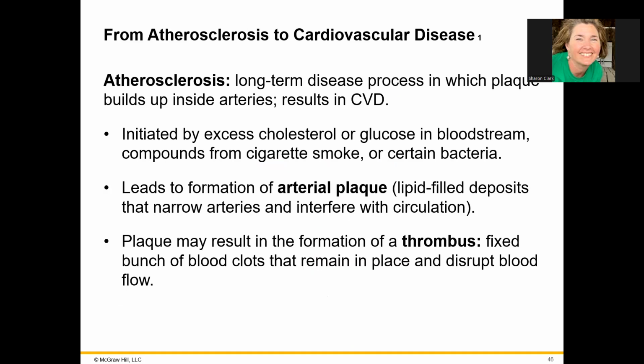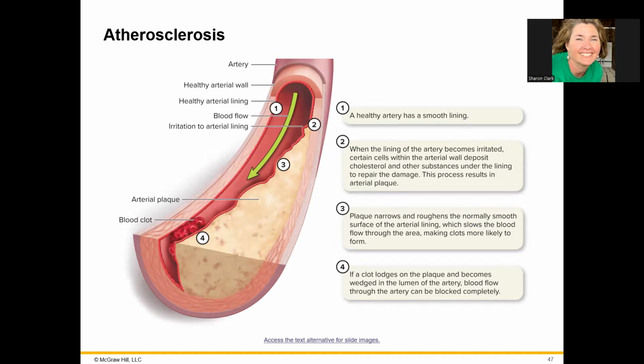Okay. When we look at the interior lumen of an artery, well, first of all, let's look at the term athero, meaning hardening, meaning plaque, sclero, meaning hardening, osis, meaning abnormal condition of. So atherosclerosis is the long-term disease process in which plaque builds up inside the arteries, resulting in one of those different types of cardiovascular diseases we talked about just a minute ago.